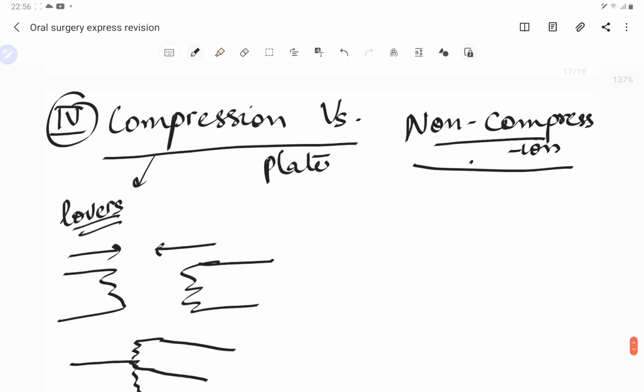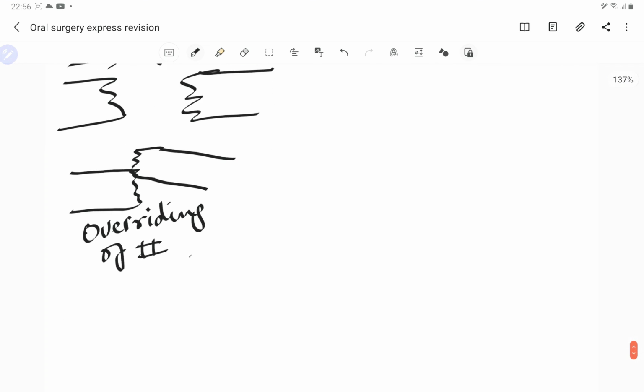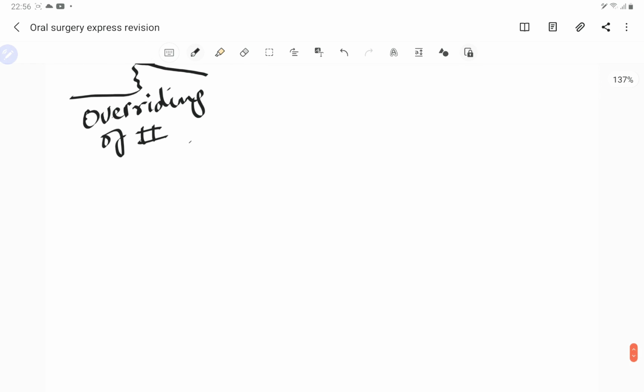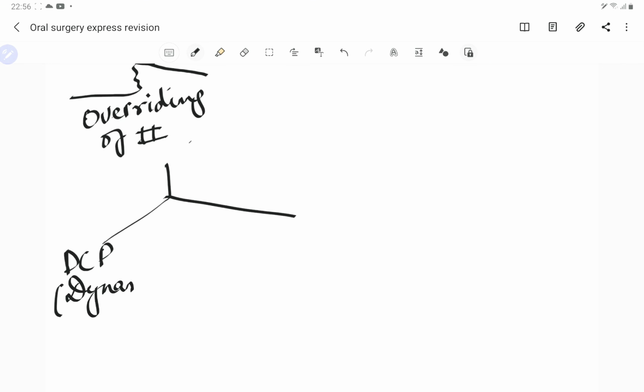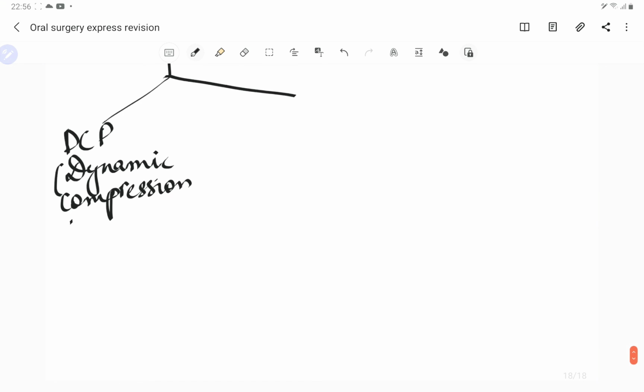Now talking about the plates, we have compression plates, of which we have got two types. One is the dynamic compression plate, and the other one is the eccentric dynamic compression plate.